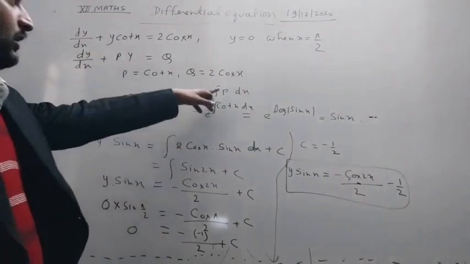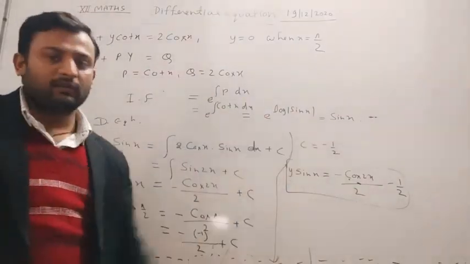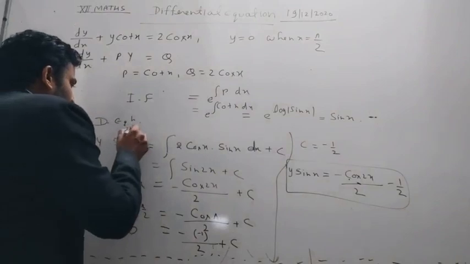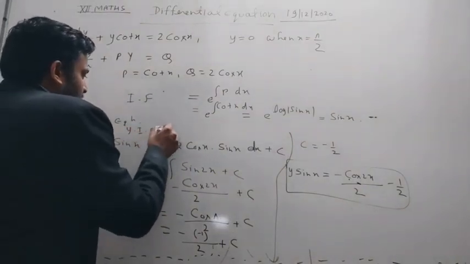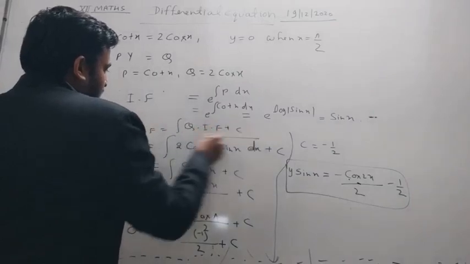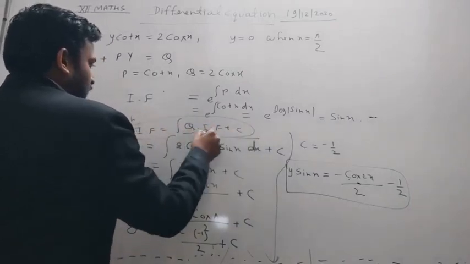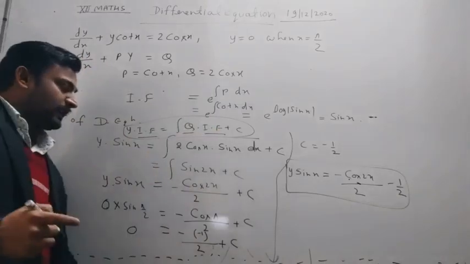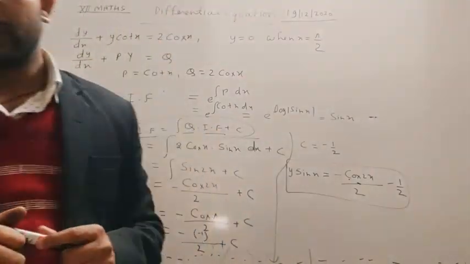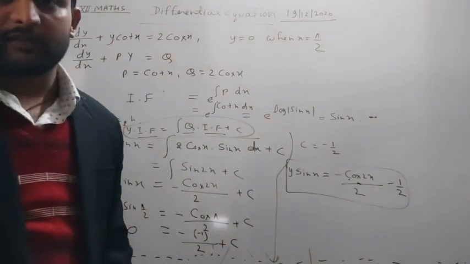IF is e to the power integral of p dx, and here sin x is our integrating factor. The formula is: y IF is the integration of q into IF plus c. Putting the values of q and IF in this equation and integrating, we get our result. I hope you understand, students.